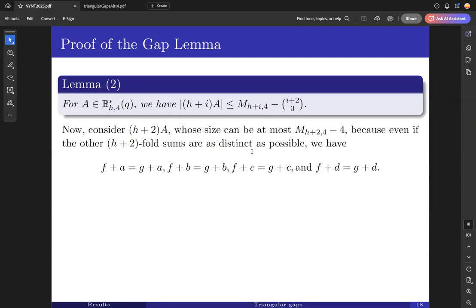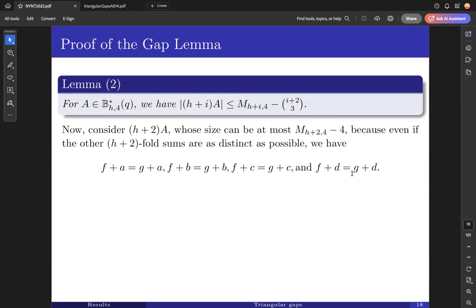But I still must have, since F equals G, F plus A equals G plus A, F plus B equals G plus B, F plus C equals G plus C, and of course the same thing with D. So now instead of missing just one, I'm missing 4. And you might say, well, did you keep track of that 1 from the previous size?